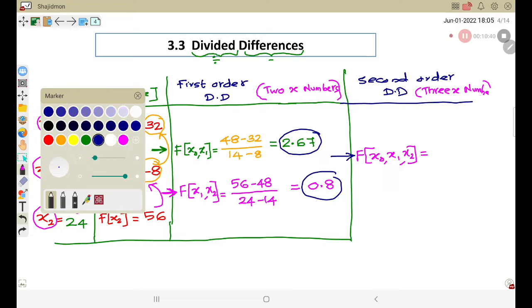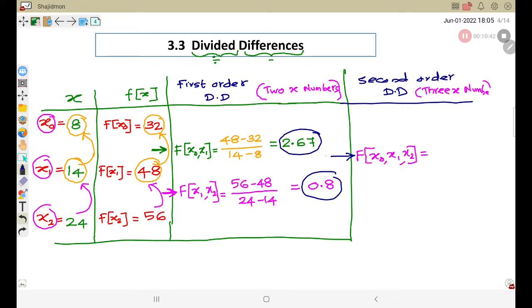Now how are we calculating it, you can see. We calculate from the last column, where the first order divided differences are already there. The second number minus the first number, that means 0.8 minus 2.67, divided by the last x number minus the first x number, x2 minus x0. x2 is 24 minus x0, which is 8.